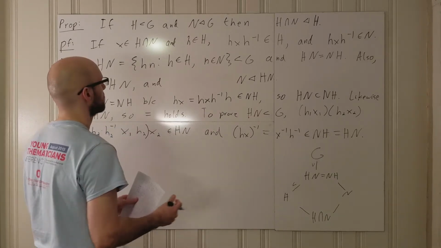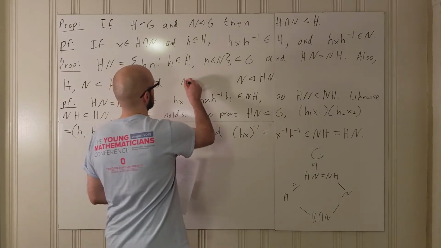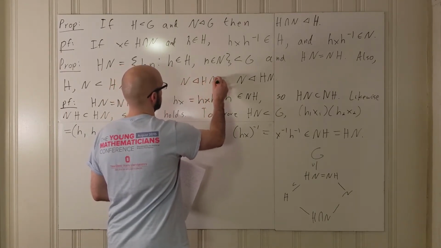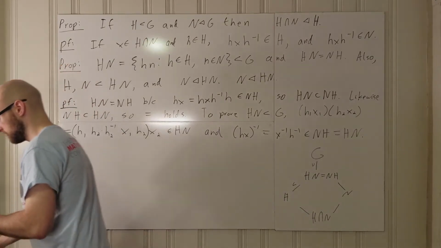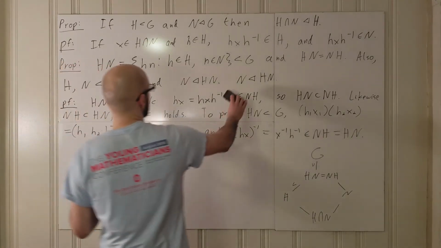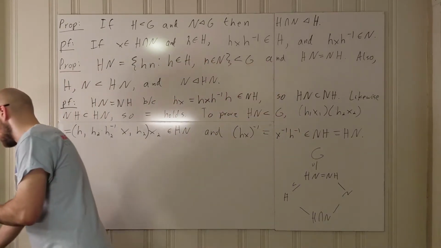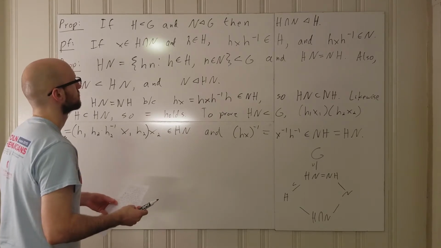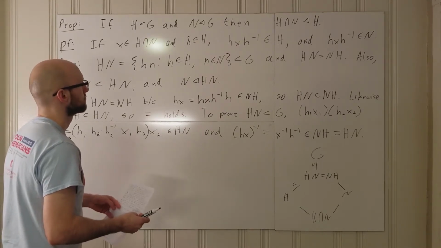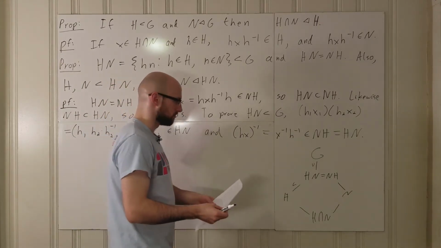Did we prove that? Oh, here, first of all, did we prove this? Oh, I don't think we finished this proof. Anyways, let me continue what I was doing here.